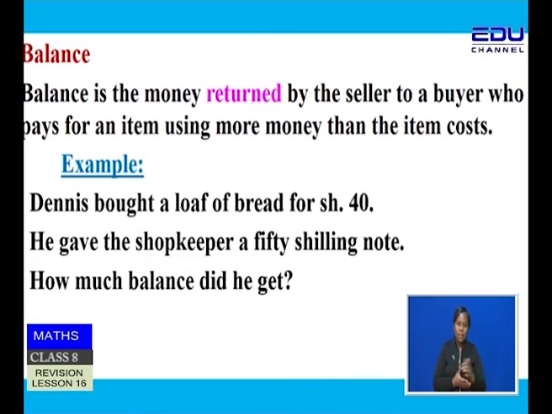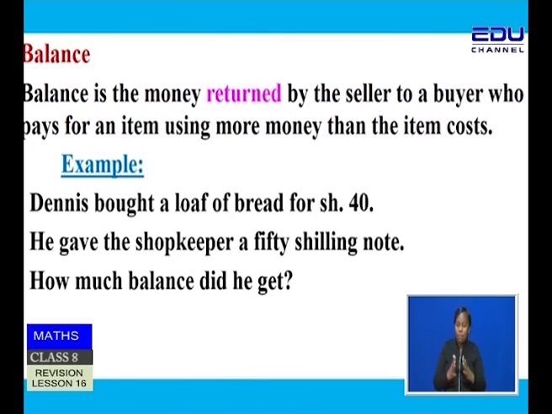Example: Dennis bought a loaf of bread for 40 shillings. He gave the shopkeeper a 50 shilling note. How much balance did he get? All right, so here we have to know how much Dennis spent and how much he gave the shopkeeper.